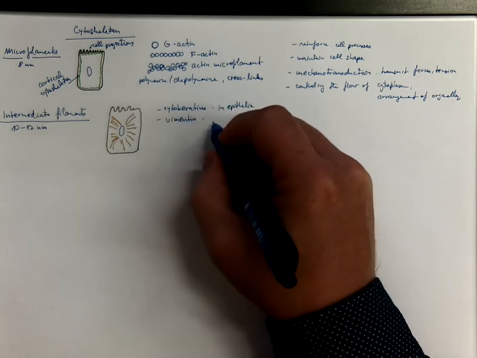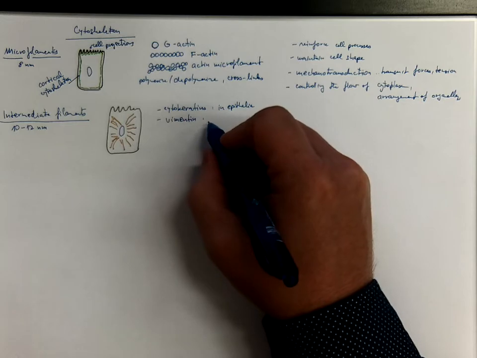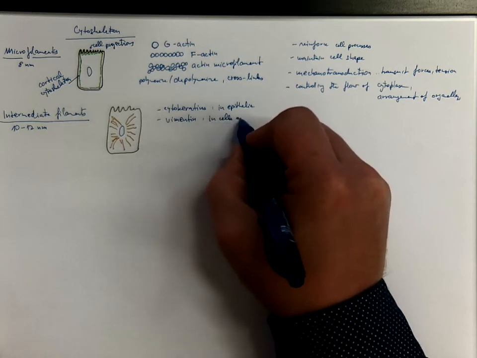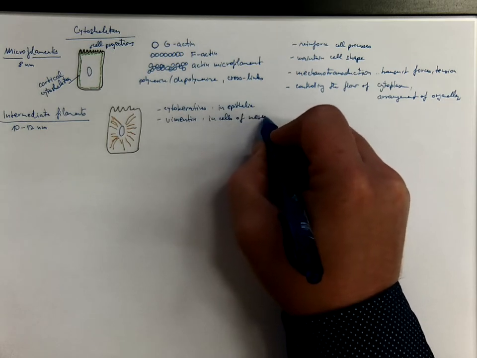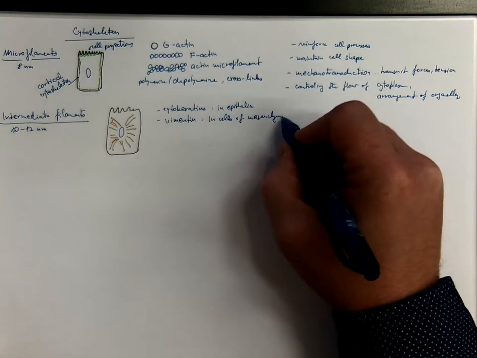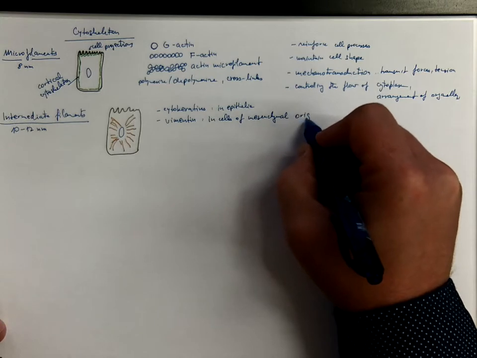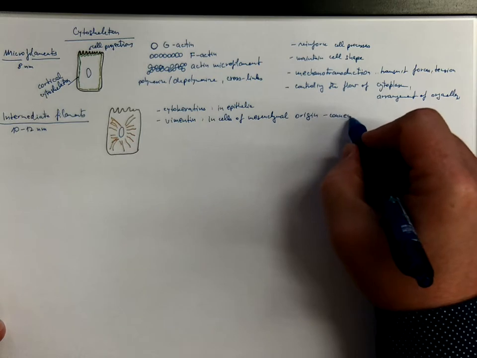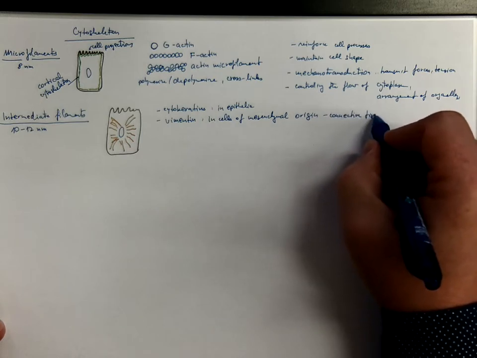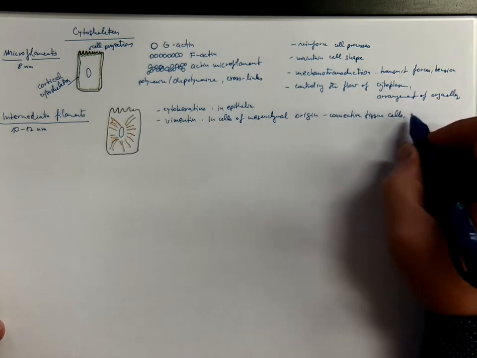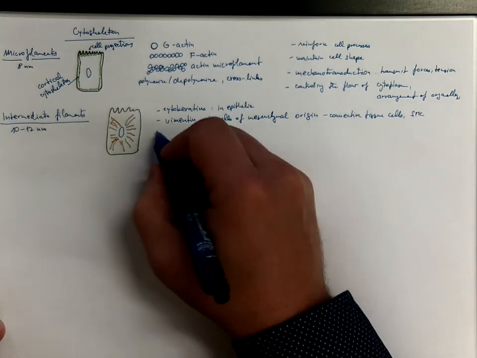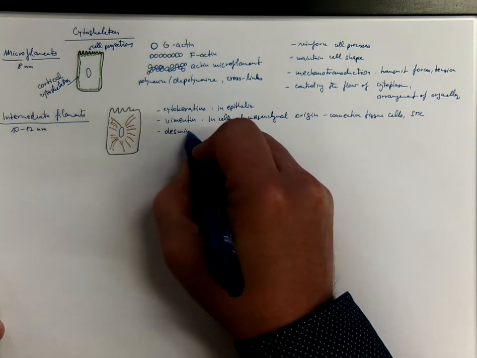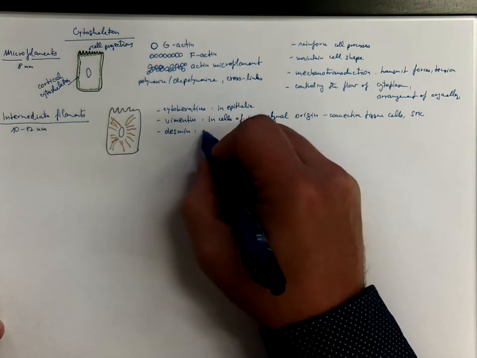Vimentin is present in cells of mesenchymal origin, which includes connective tissue cells, and also smooth muscle cells. For example, we have desmin, which is a typical intermediate filament of the muscle tissue.